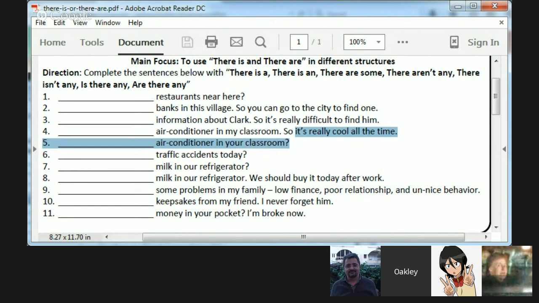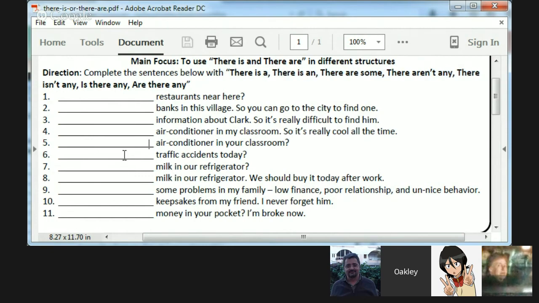Is there any air conditioning in your classroom? Okay. Oh, this was a trick. It's a trap. Aha. Yeah, this is a trick. There is no correct option up here. Aha, you've been tricked.